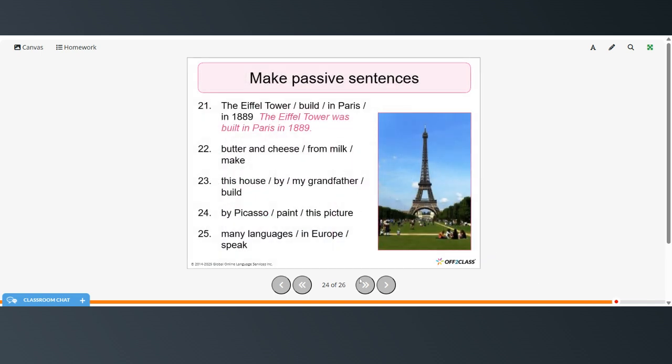Now, make some passive sentences for each of these. Again, you can pause the video, try these on your own, and then restart when you're ready to check your answers. The first one is already done for you. The Eiffel Tower was built in Paris in 1889. Okay, butter and cheese are made from milk.